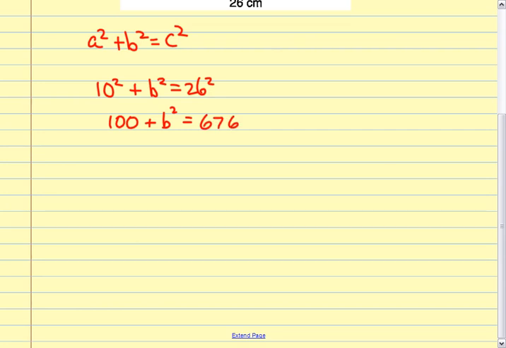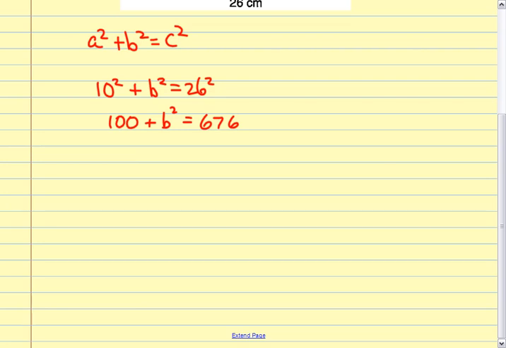Now, what do I do next, Catherine? Remember, I want to find out what b squared is. That means I want to get it by itself. I want it to say b equals blah. Is b by itself? Well, that's true. It is raised to an exponent, but there's also 100 with it, right? What's happening between the b and the 100?